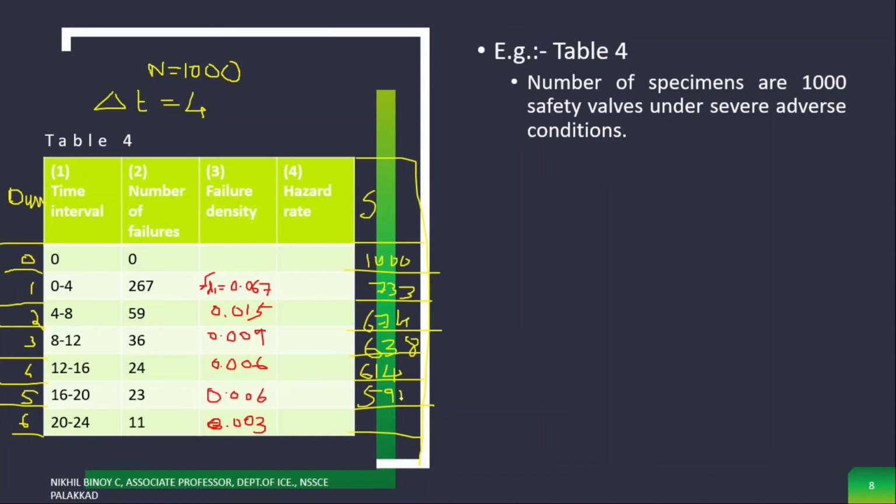Then after the sixth duration, it is 591 minus 11, so that is 580. That is the number of survival after the sixth duration.